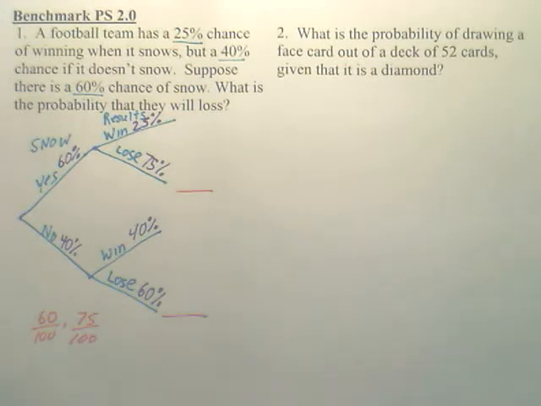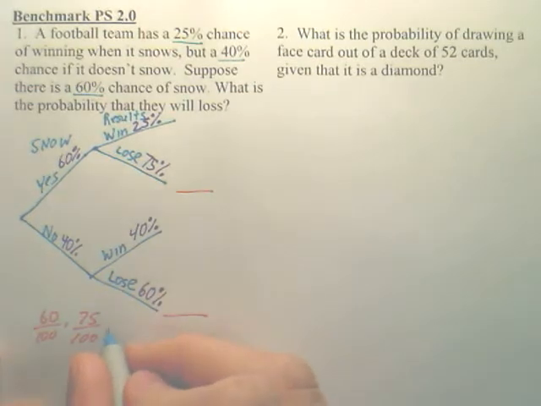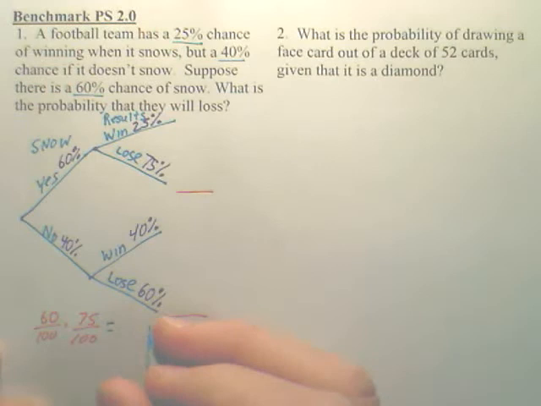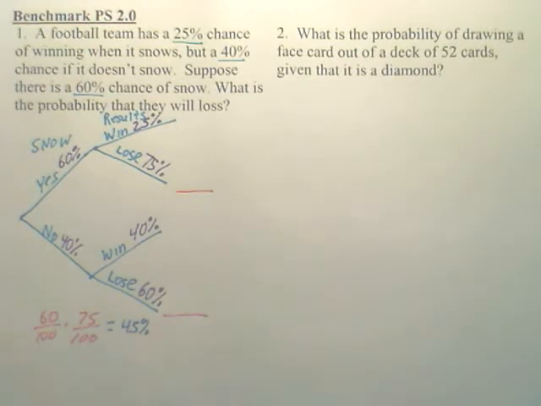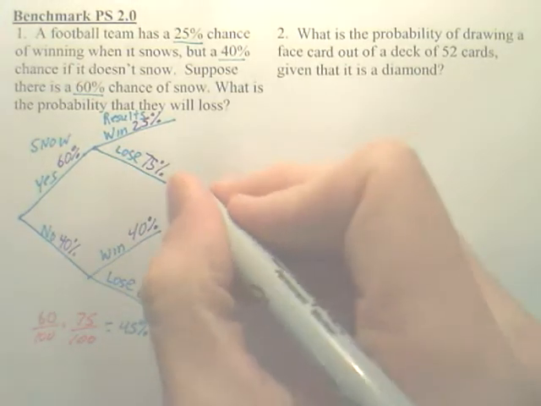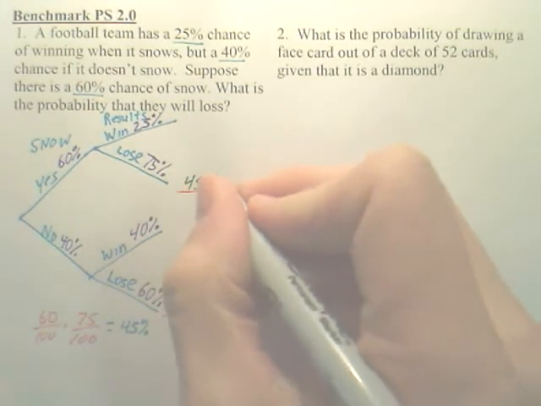When I multiply the two and simplify it, I end up with 45%. So that is 45%.